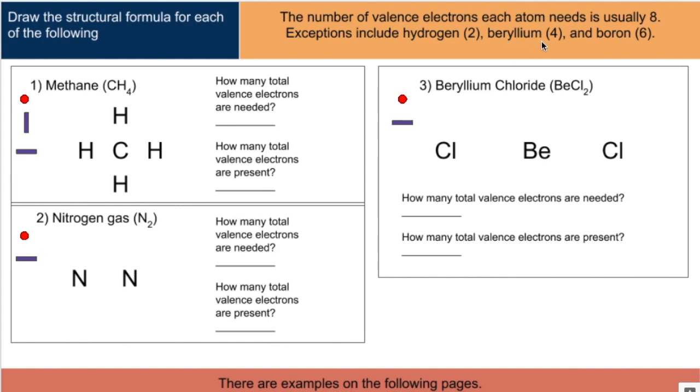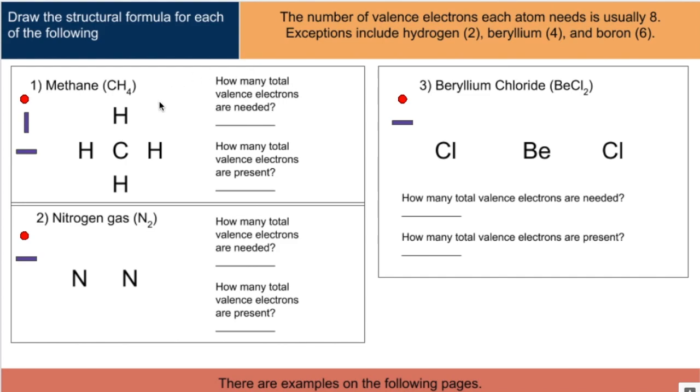That is beryllium, which has a full outer shell at 4 electrons, and then boron, which is considered a full outer shell at 6. So they only need 2, 4, or 6 respectively for filling theirs in.